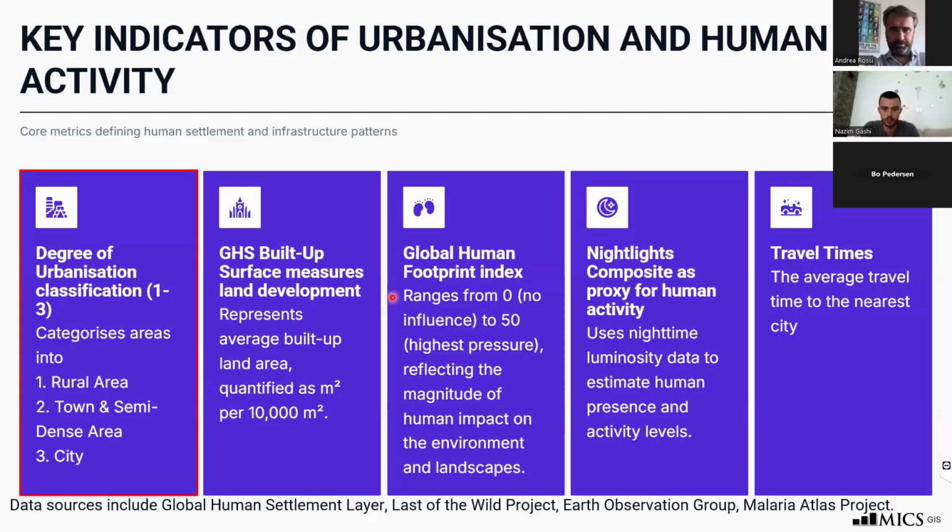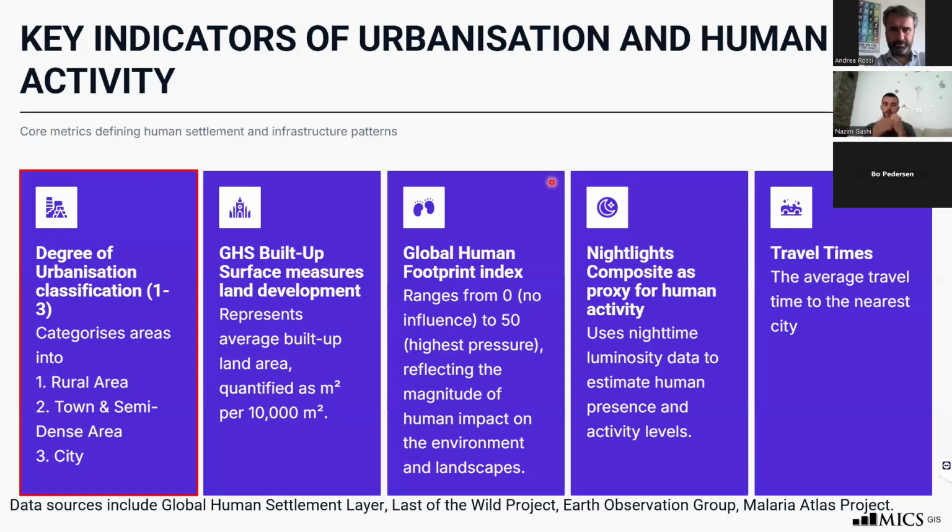Then the third indicator is the global human footprint index. This is ranging between 0 to 50, meaning 0, there is no human footprint there, and 50 is the highest pressure possible, like in urban zones. And then the fourth one is the night lights composite.